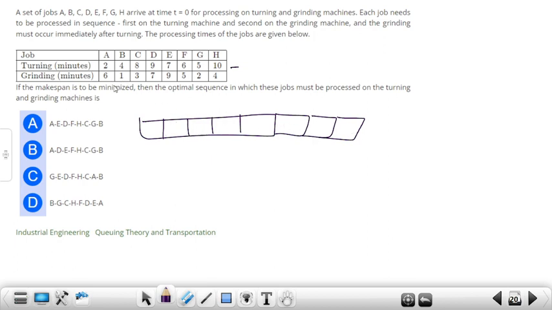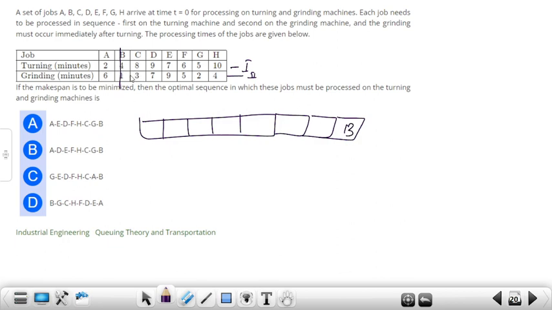First find which job has the minimum time. 1 is the minimum and it is on the second machine, that means grinding. This is the first one and this is the second one. So the minimum time 1 is on the second machine, so take it on the last side, so B will be last.